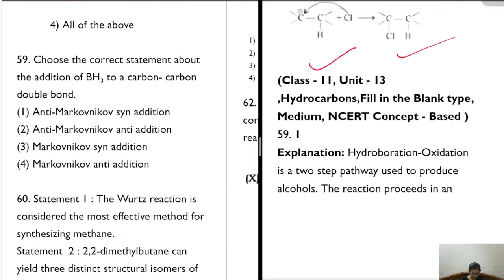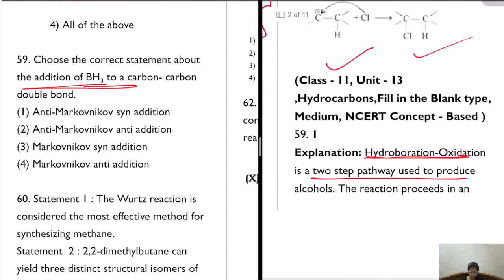Choose the correct statement about the addition of BH3 to a carbon-carbon double bond. Okay. What is the addition of BH3 reaction called? This is the hydroboration oxidation reaction. Always keep this in mind: it does not follow Markovnikov's rule. It is a two-step pathway which is used to produce alcohols.